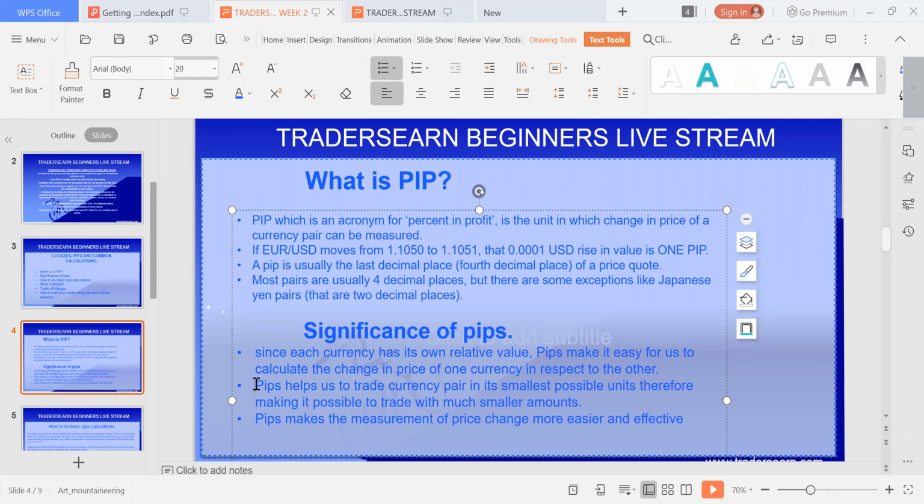And pips also help us to trade in the smallest possible units. For example, let's say the only change a price can make is from $1 to $2. That would be very, very hard to trade because between $1 and $2, there are about 10,000 pips.